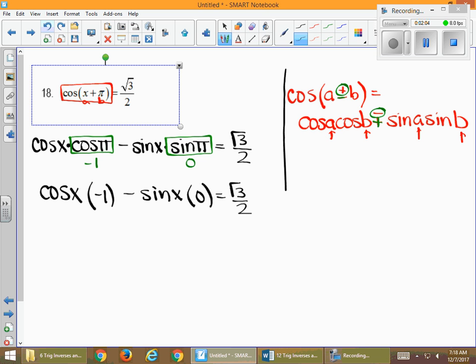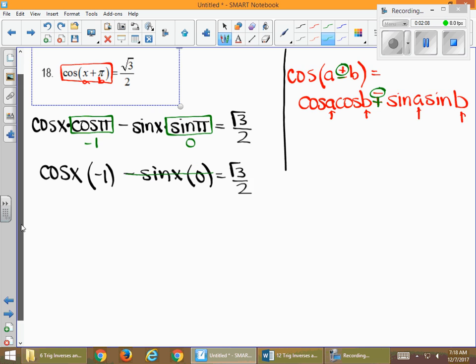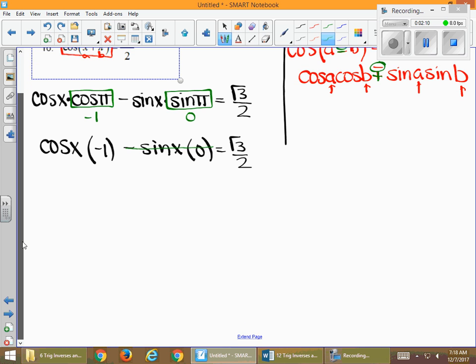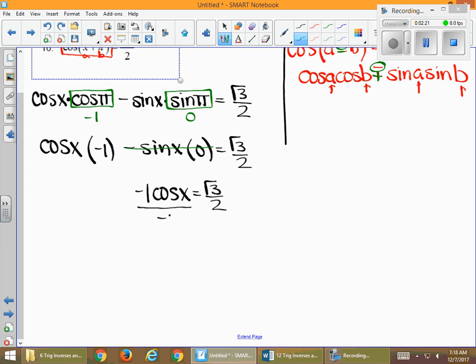And anything times 0 is 0. So the whole piece right here is gone. -1 times cosine is -1 cosine of x. I'm going to divide both sides by -1. So I get cosine of x is negative radical 3 over 2.